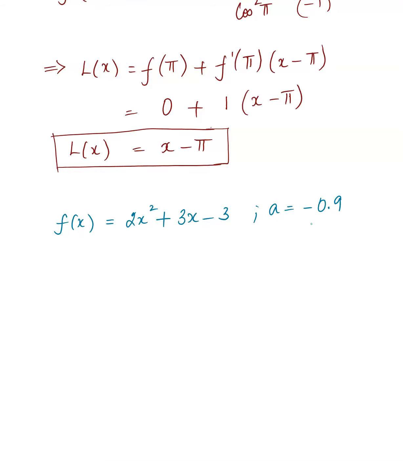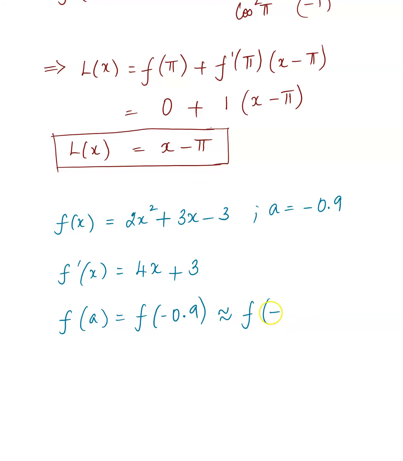So let me, before doing that, let me just get the derivative here. F prime of x will be 4x, 2 times 2x, right? So 4x plus 3. And we're saying we need to find f of a. F of a is f of negative 0.9, but let's make it, I want to use the approximation symbol. We're going to approximate it to f of negative 1.